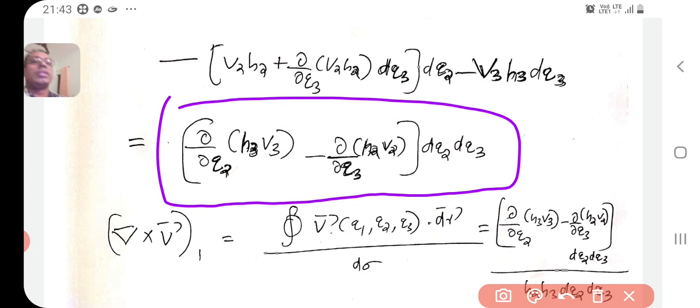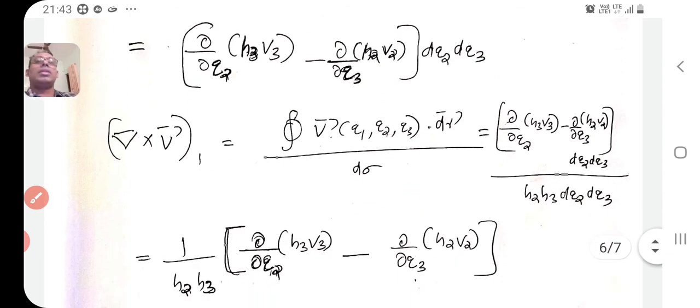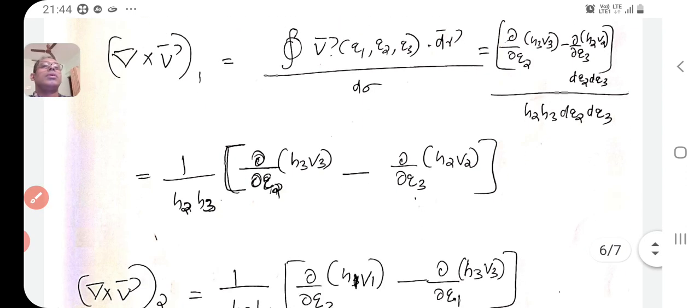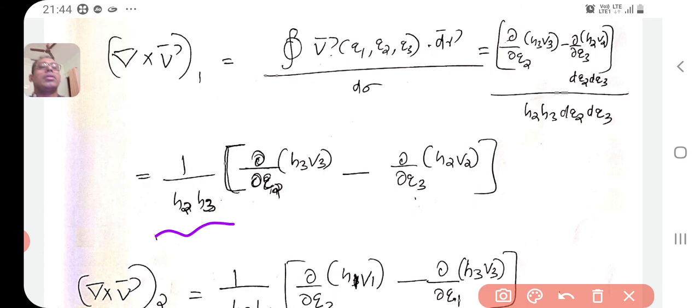We want to find this component of del cross V. So that will be the line integral of V·dr divided by dσ, and dσ is given by h2 h3 dQ2 dQ3. So we have 1/(h2 h3) times [∂/∂Q2 of (h3 V3) minus ∂/∂Q3 of (h2 V2)].